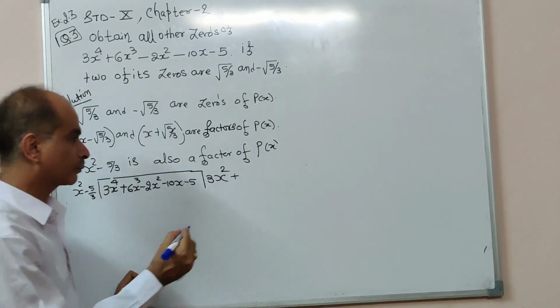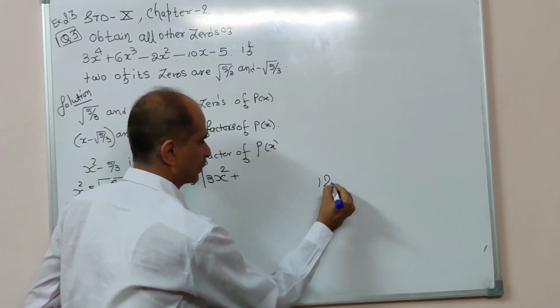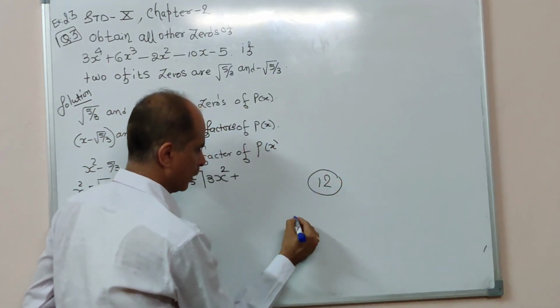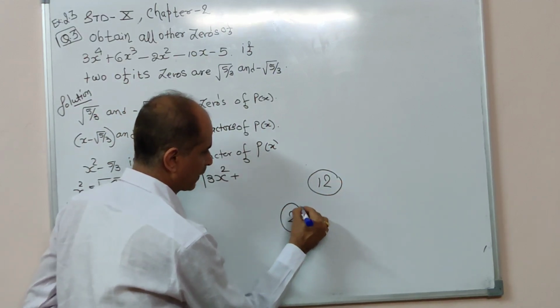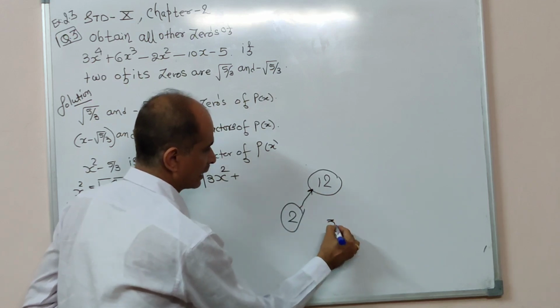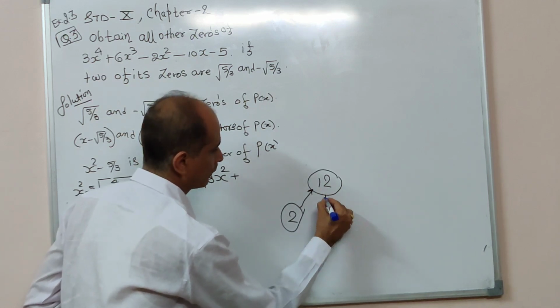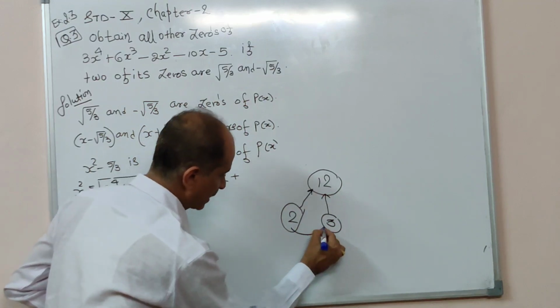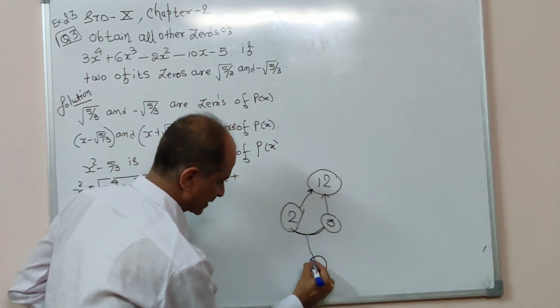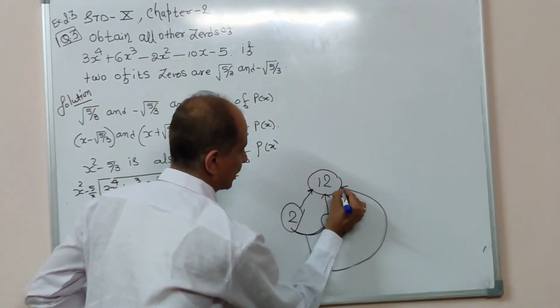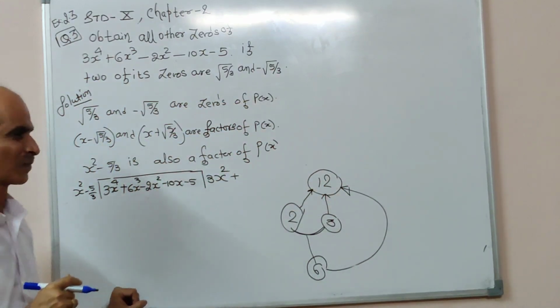Let me take one example. Suppose 12 is a number. 2 is a factor of 12. Similarly, 3 is also a factor of 12. So if you multiply these two, 3 twos are 6, which is also a factor of 12.